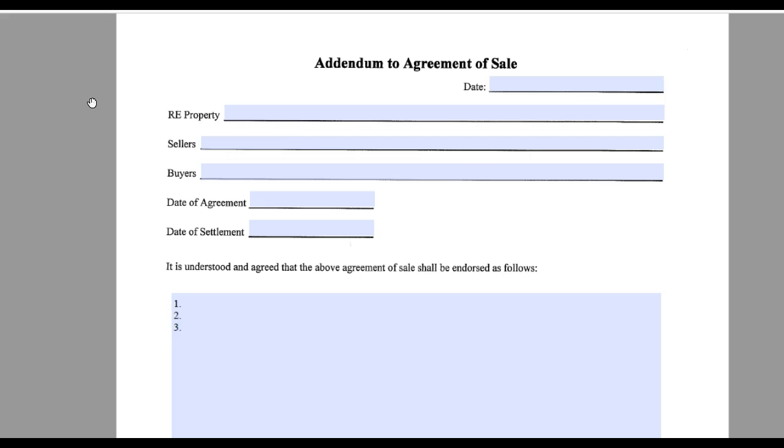So sometimes I see a buyer wants a John Deere tractor, and they're going to ask for it, a riding mower. And the sellers, maybe they're retired, they're downsizing, they're moving to a 55-plus community, they don't want the tractor. If it's going to be added at no cost into the sale, then it should be done in an addendum.